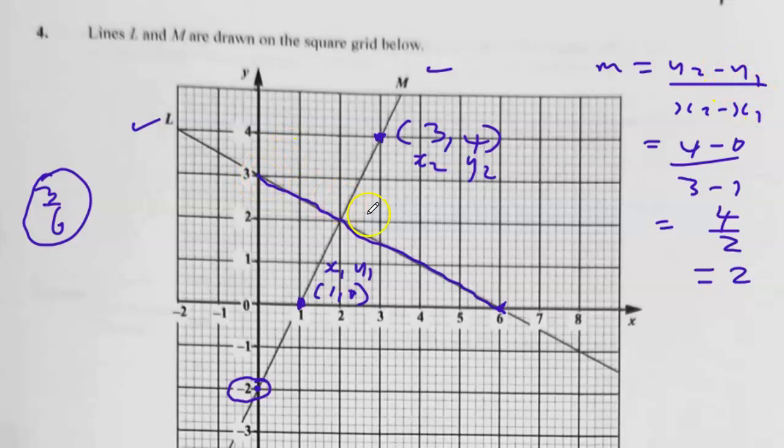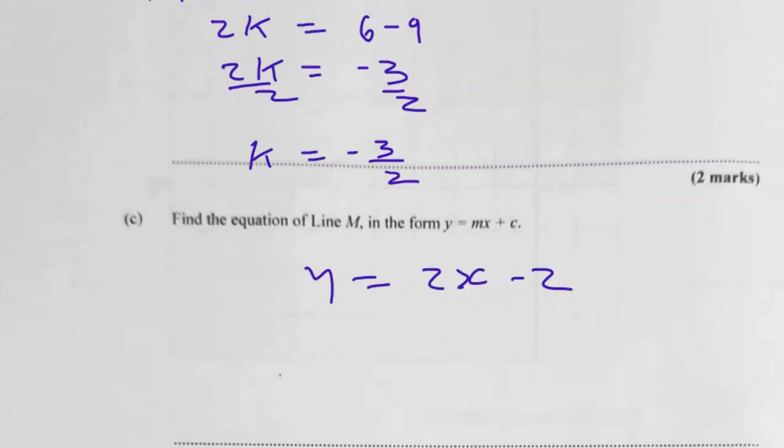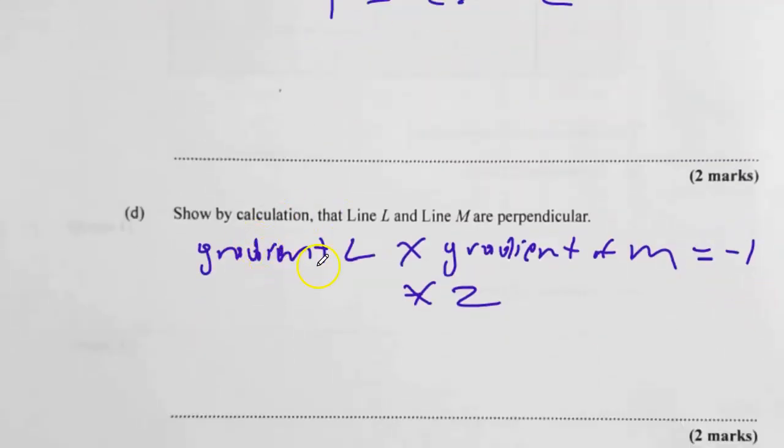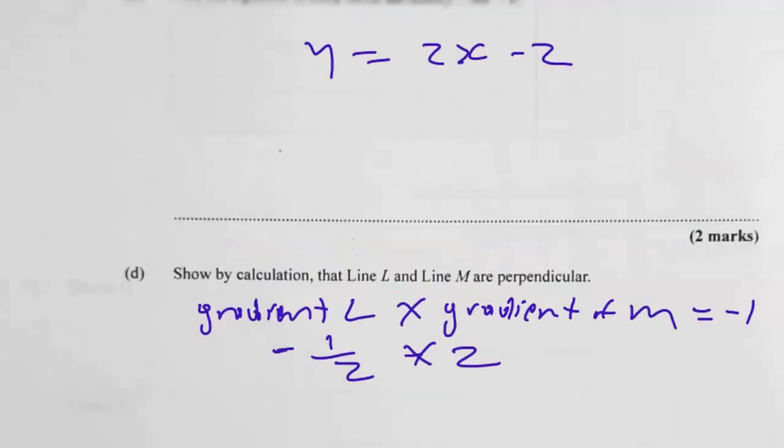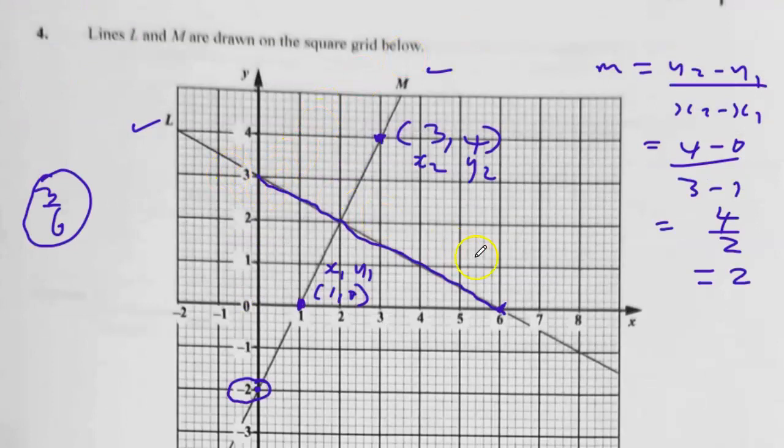You could select any two points: a point here is (0, 3) and a point here is (6, 0). Apply the same formula and you'll get the gradient of L to be a half. Well, negative a half, since the line is falling as you move from left to right.